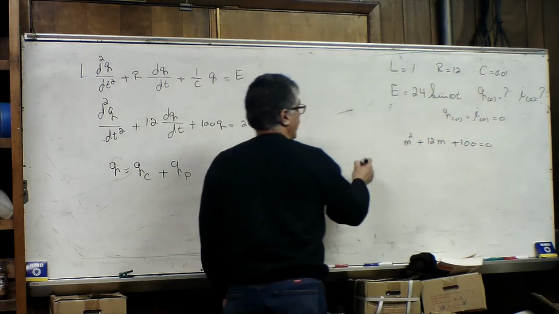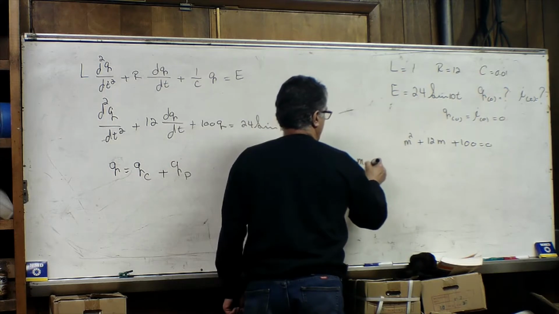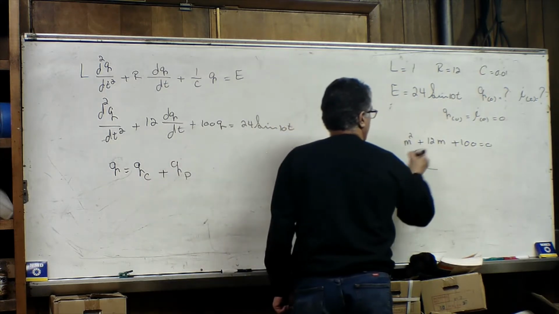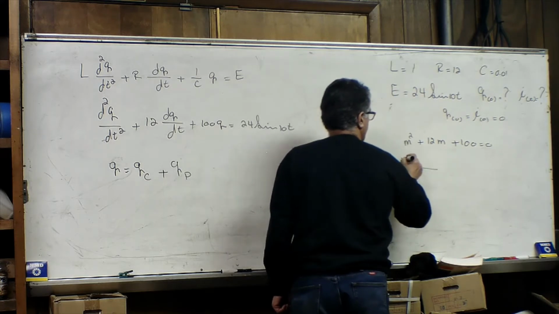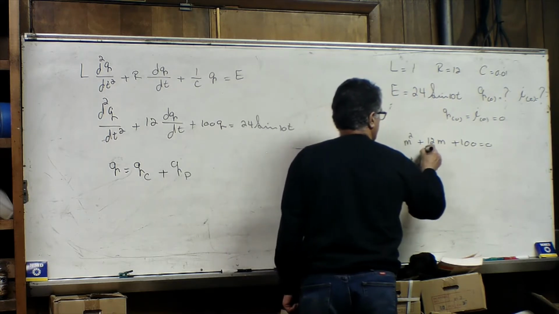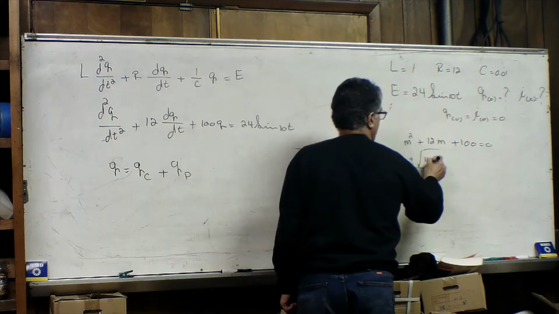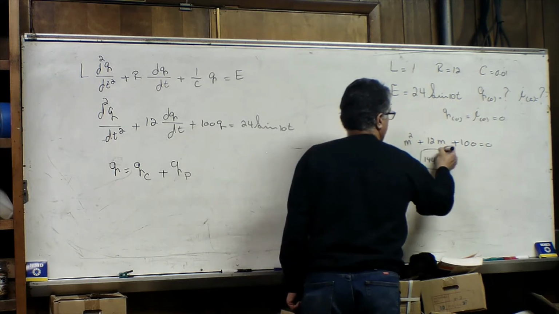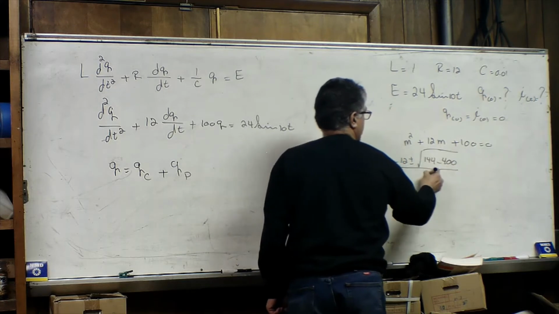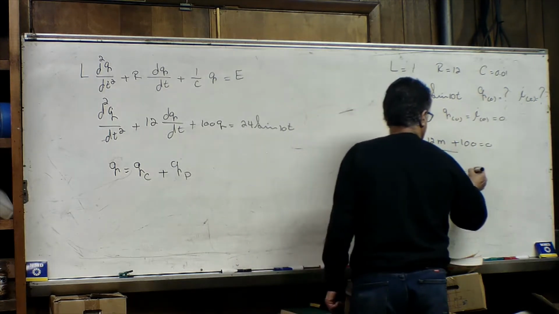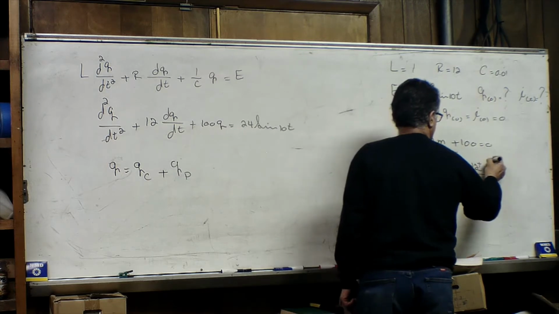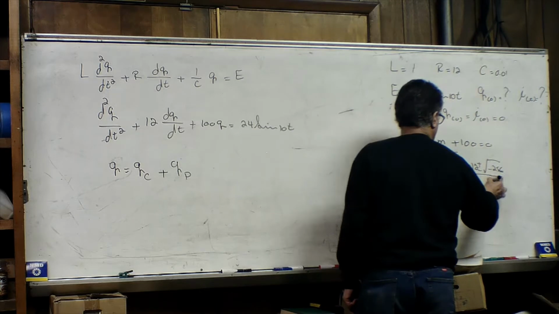So here we can find the values for m1 and m2, which will be equal to minus b, minus 12, plus or minus the square root of b squared, which is 144, minus 4ac, minus 400, divided by 2a, divided by 2. So this is equal to minus 12 plus or minus the square root of minus 256 divided by 2.